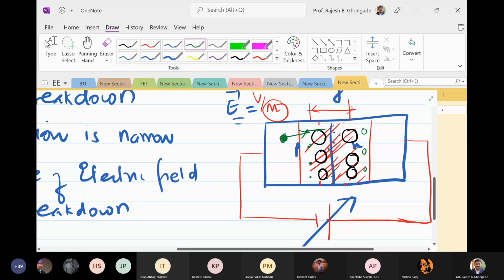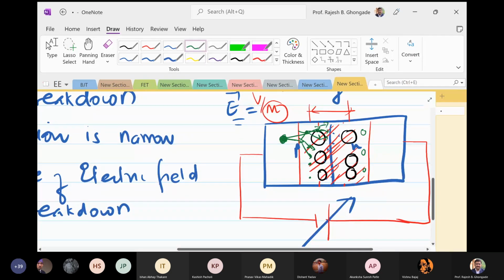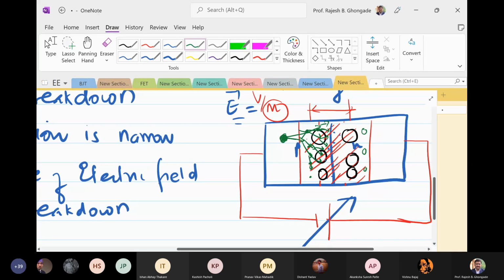So this will be free, it will generate 2 electrons, this will generate 4 electrons, and the kind of reaction you have is an avalanche. So a large number of electrons will suddenly be made free and they will be available for conduction.